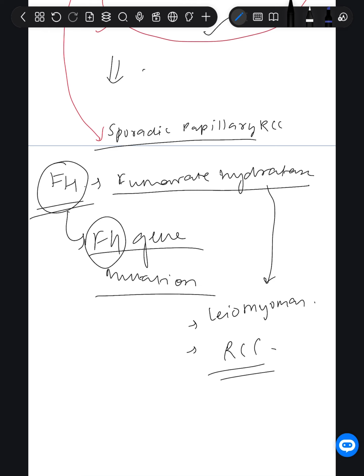So fumarate hydratase is an enzyme which is used in uterus and kidney primarily. If there is a mutation in the FH gene, it will cause leiomyoma and RCC. Primarily, it causes papillary carcinoma. Okay, so this is FH.